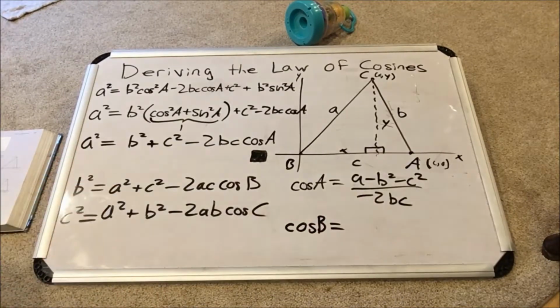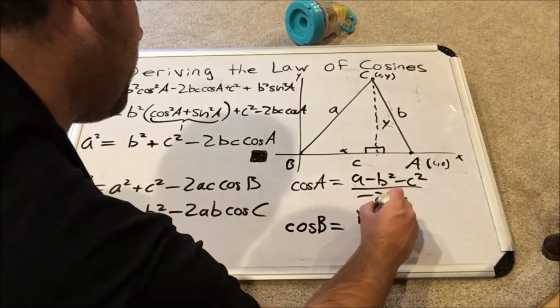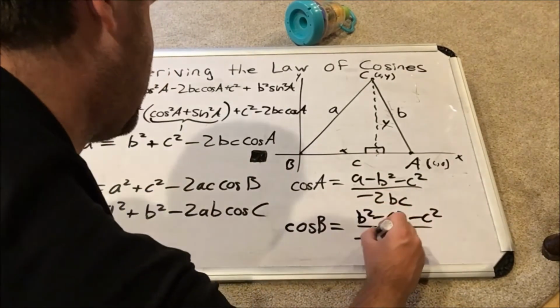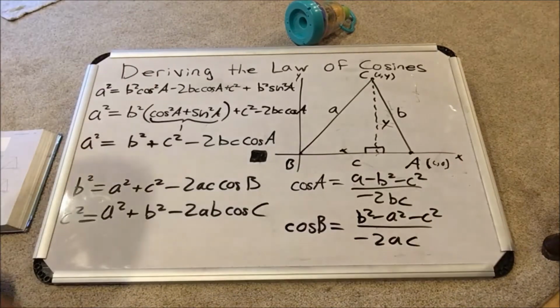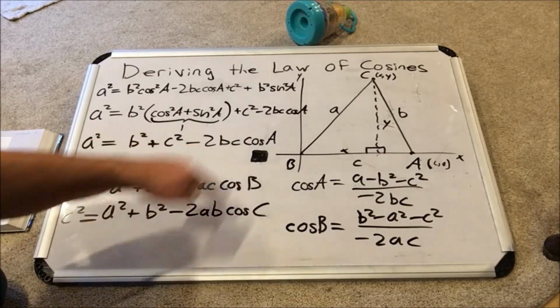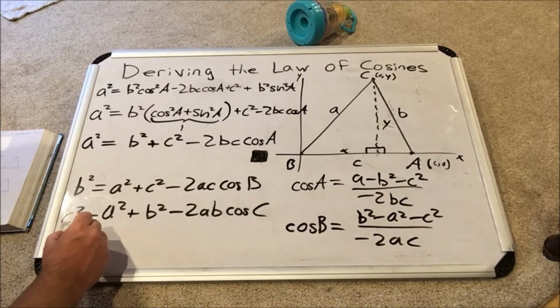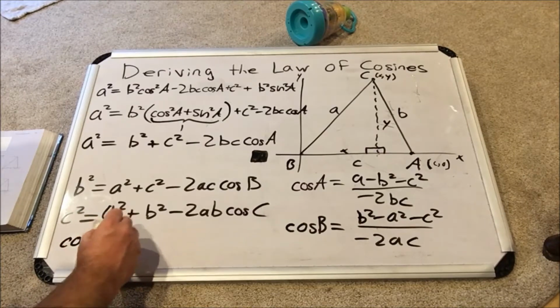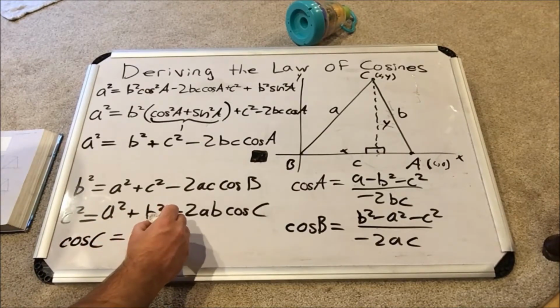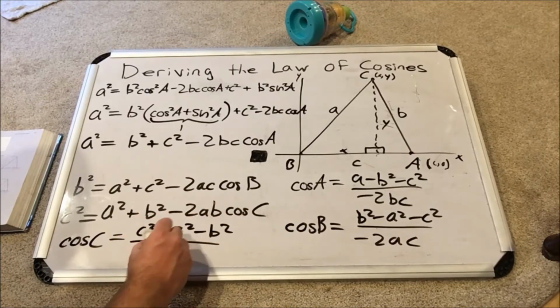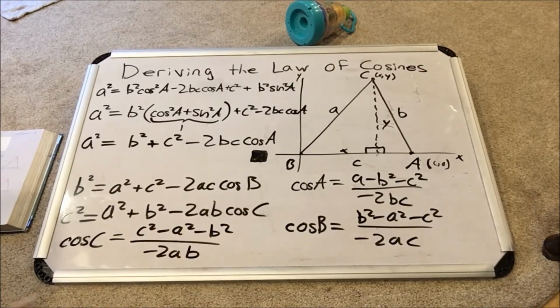Cosine b will equal b squared minus a squared minus c squared over negative 2ac. Again, solving for cosine b the same way I solved for cosine a. And lastly, I can get cosine c using this last formula here. Solving the exact same way, I will get c squared minus a squared minus b squared over negative 2ab.